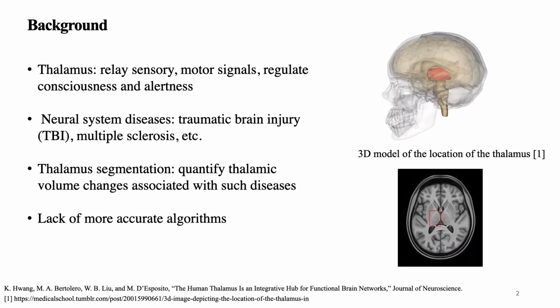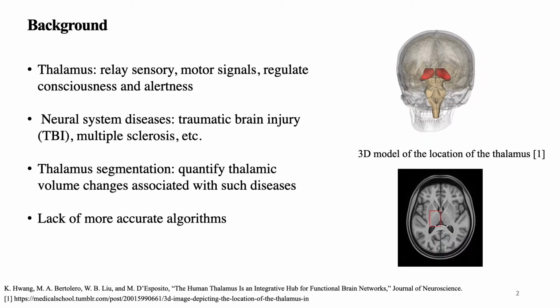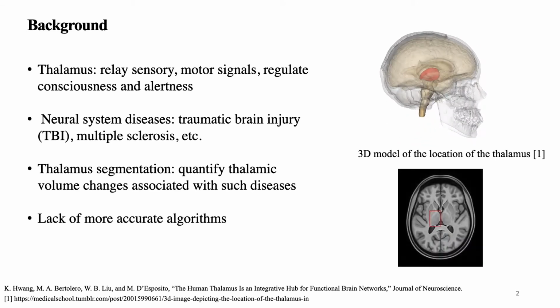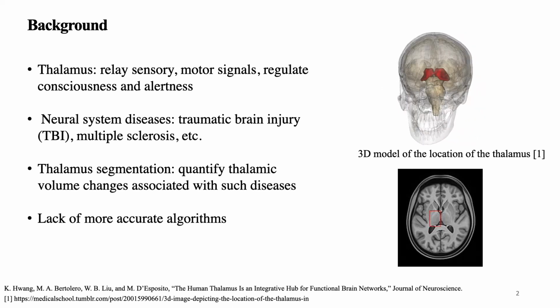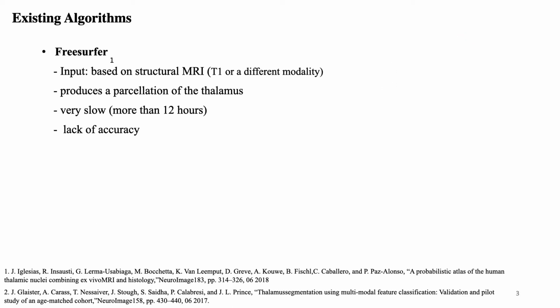However, currently we lack a more accurate algorithm to segment the thalamus on the MR image. There are some very popular algorithms, such as FreeSurfer. It takes the structural MRI as the input, such as T1 or different modalities, and produces a parcellation of the thalamus.